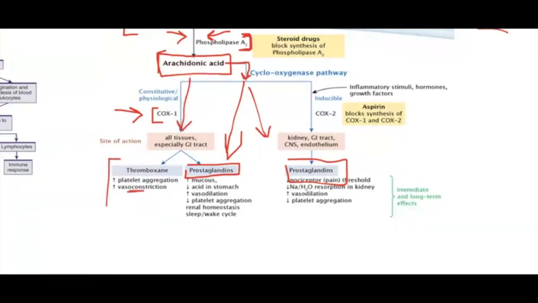I wouldn't worry a whole lot about thromboxane, to be honest. It may show up. I don't want to say don't look at it, but I wouldn't focus too much on it because they can only ask you so many questions, and it's not really what we're focusing on here. So the COX-1 enzyme is breaking down this arachidonic acid into thromboxane and prostaglandins.